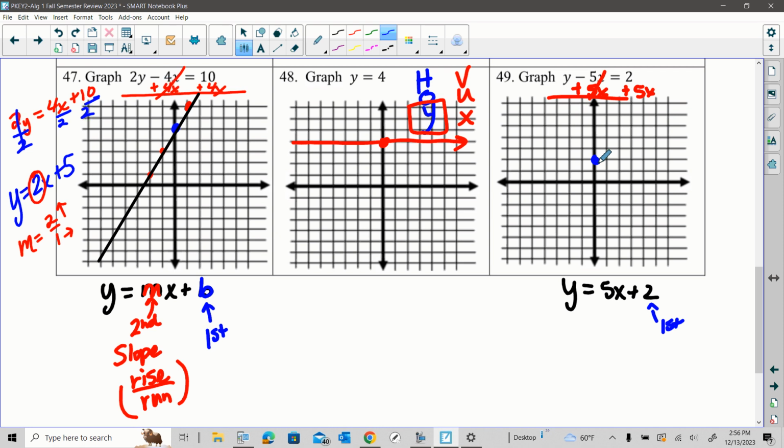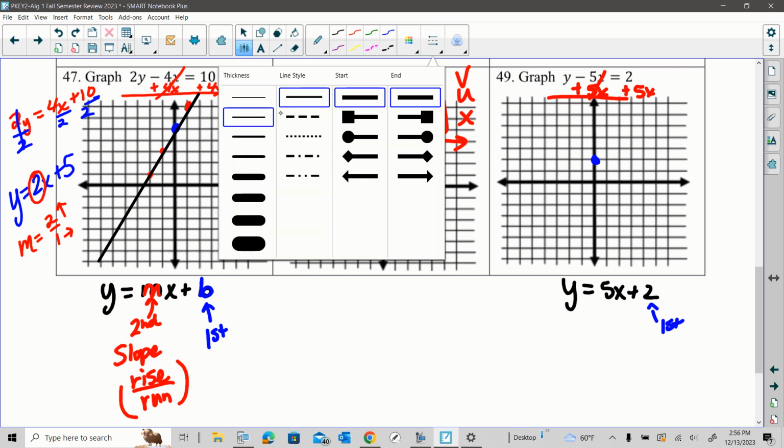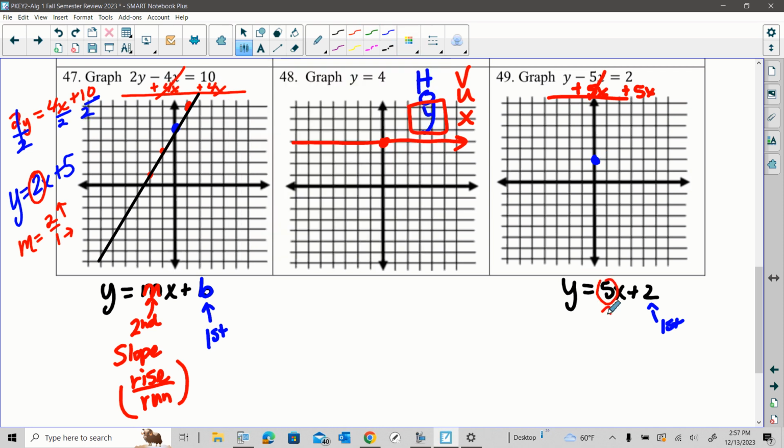And then our slope right here, that is second. And that we will write as 5 over 1. So if you can count, 1, 2, 3, 4, 5, you can get the 5 on there. If you can't make it fit, you just have to go in the other direction.